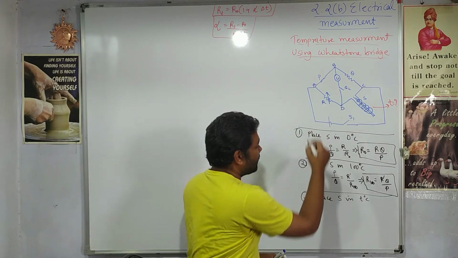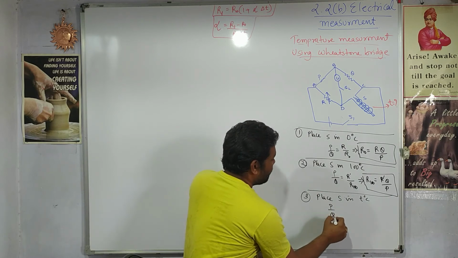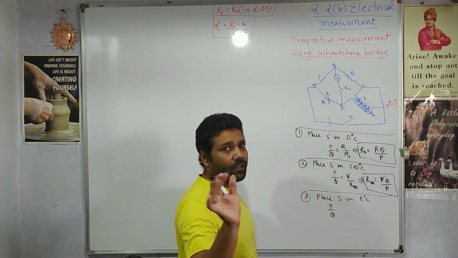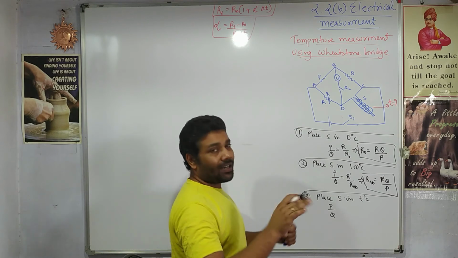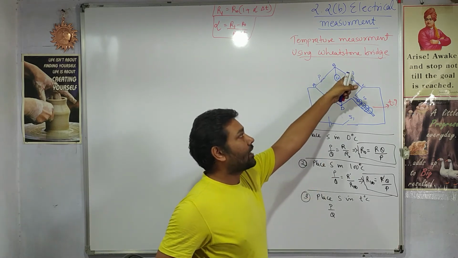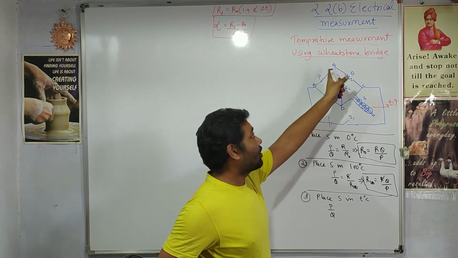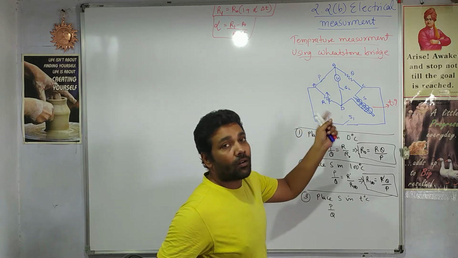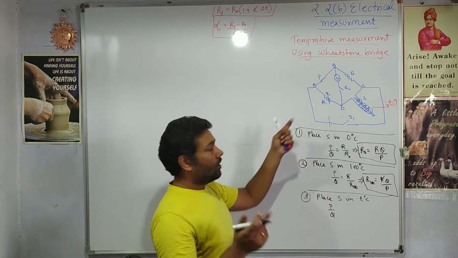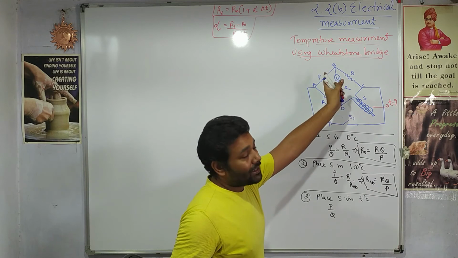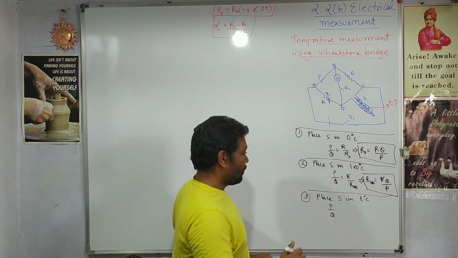So again applying the Wheatstone bridge principle, P and Q are fixed values. There are some standard values which are fixed. There are multiple options: P can be 10 ohms, Q can be 20 ohms, or P can be 100, Q can be 200. There are multiple such options available to select P and Q.